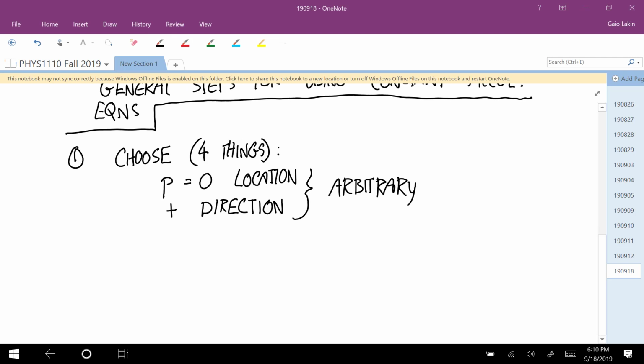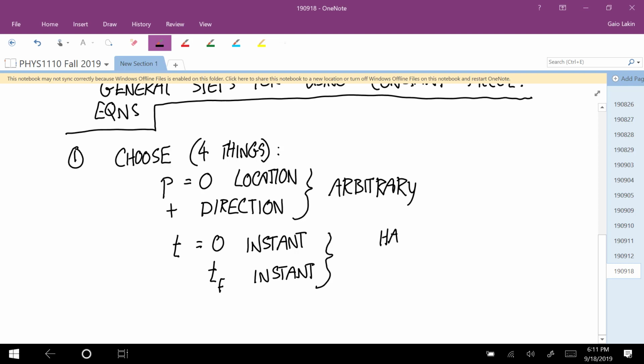The other two, the ones related to time, you have to pick right or you can't get the problem right. So you have to choose a time equals 0 instant, and you have to choose a time final instant. And these you have to choose right.